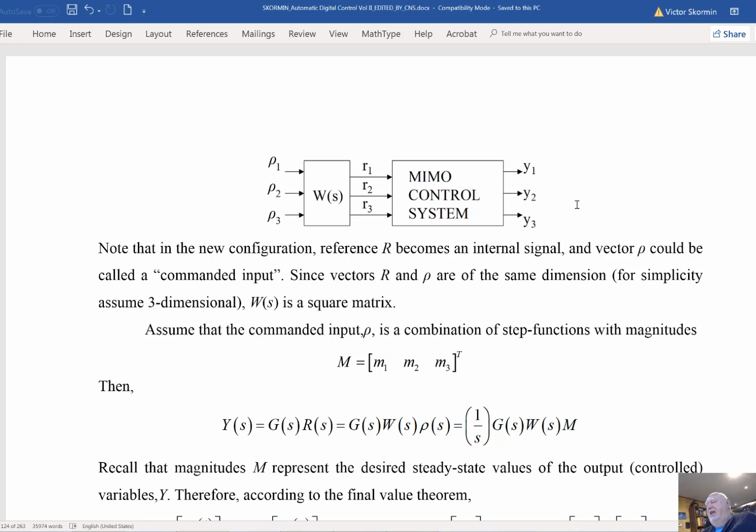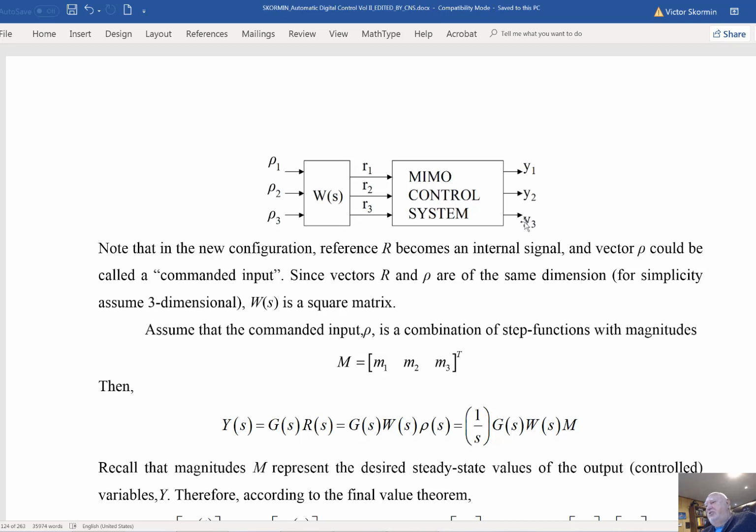And I will repeat this again. Let's say you apply a unit step at ρ3. This unit step being applied at the input ρ3 will be converted by the filter into increments of R1, R2, and R3. These increments will cause changes, transients, in Y1 and Y2 and Y3.